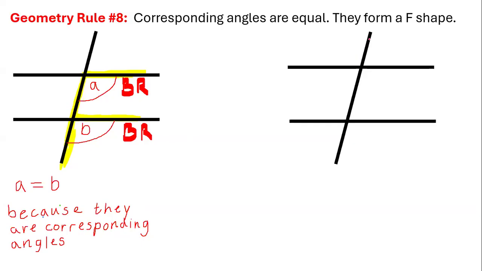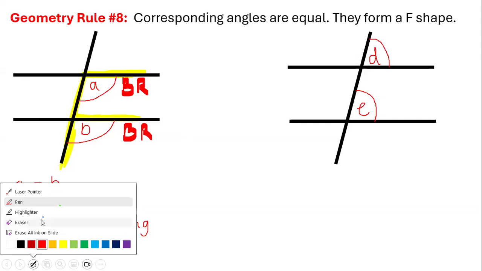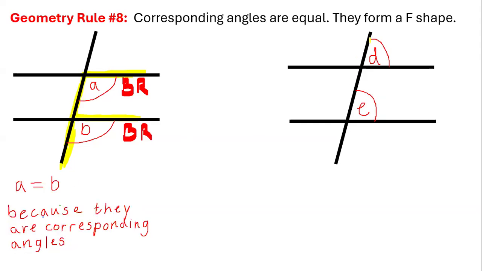So let's say we have this one and let's call this D, and then this is gonna be E. Hopefully y'all can still see the F shape. This is the F shape right there.